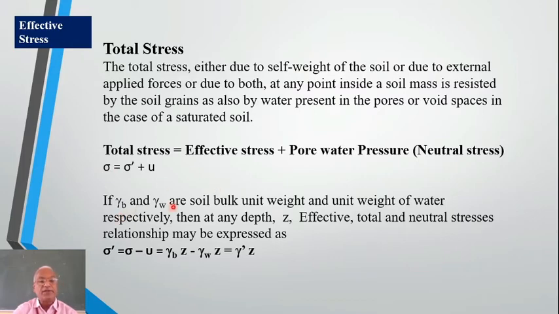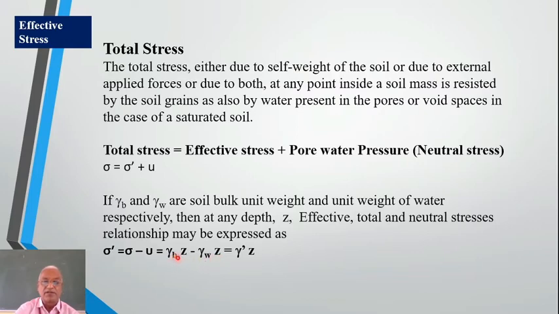If gamma b and gamma w are the soil bulk unit weight and unit weight of water respectively, then at any depth z, the effective, total and neutral stresses relationship may be expressed as sigma dash equals sigma minus u, because effective stress is this minus this. Then at a depth z, total pressure will be because of gamma b z, and because of water it is gamma w z. So that has to be subtracted, so that it will be effective stress.